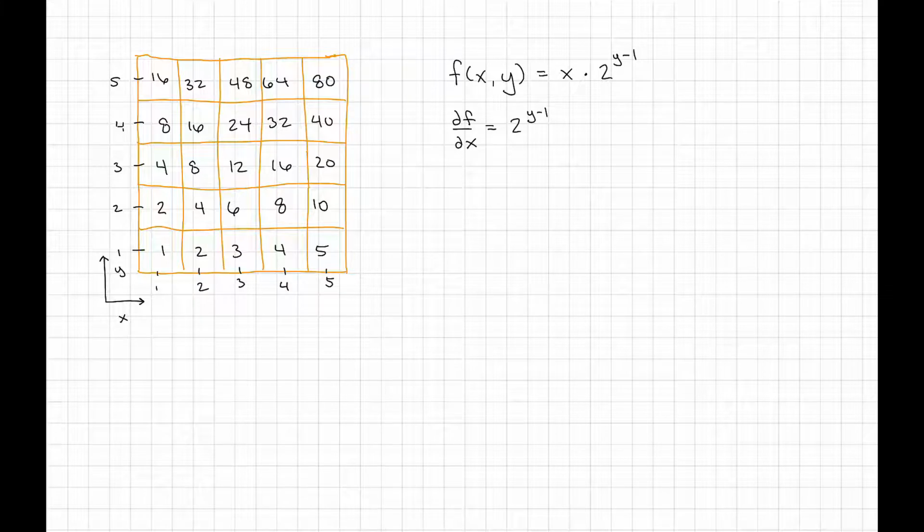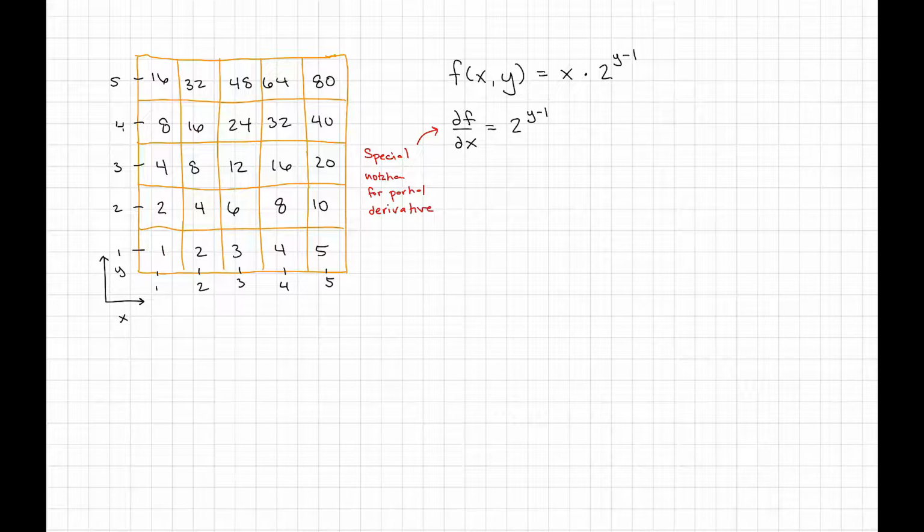And I do want you guys to note, when you're taking a partial derivative, there is some special notation. A total derivative or a full derivative has an actual d. This is kind of like a script d, almost like a delta, but not quite. Let me finish writing this. Partial derivative.